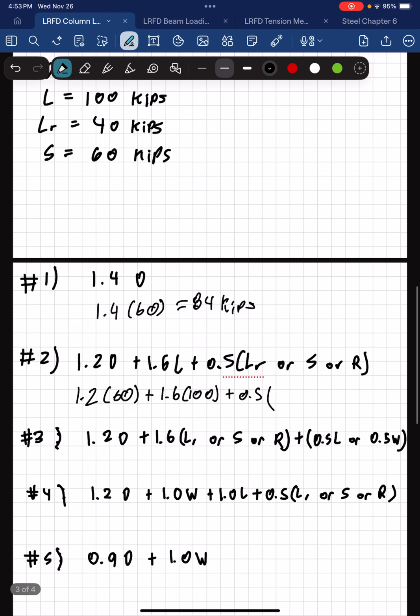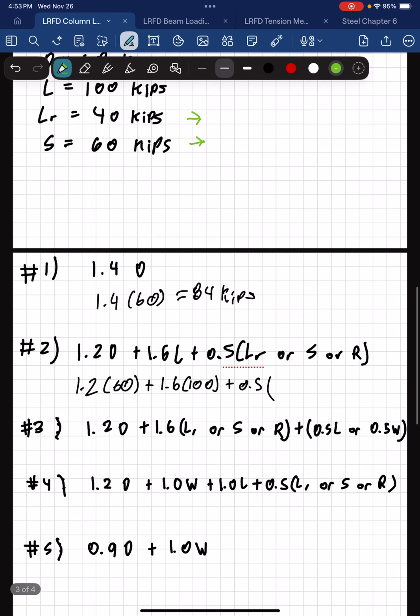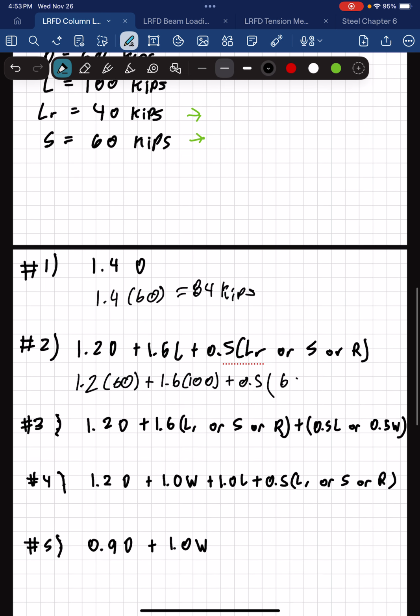So in this situation, we're going to be looking at our live roof load and our snow load. And we see that the snow load is a heavier load, so that's what's going to control the situation. We're going to put 60 in here. Plug this into our calculators. We will get 262 kips, which is significantly more.